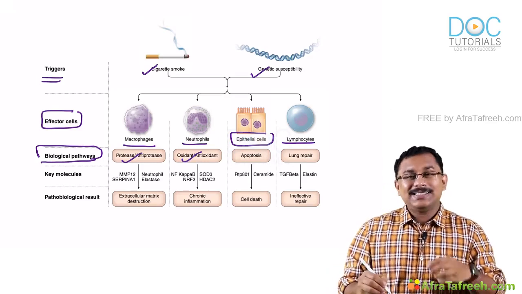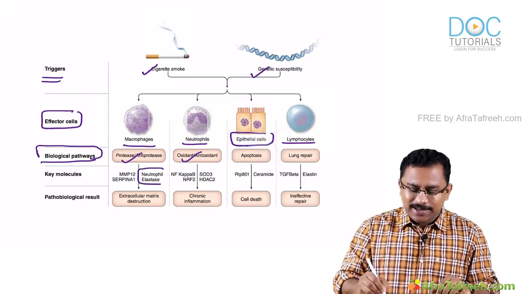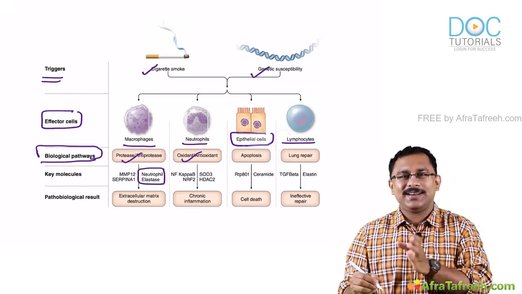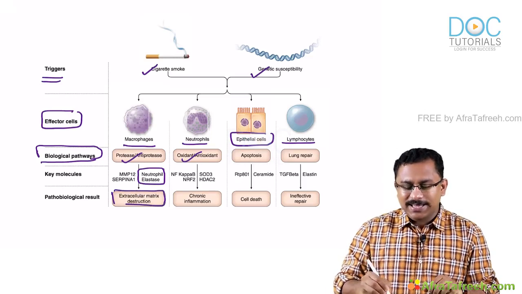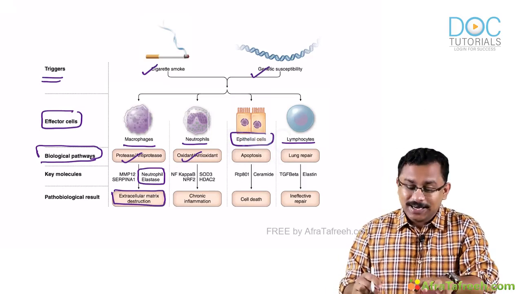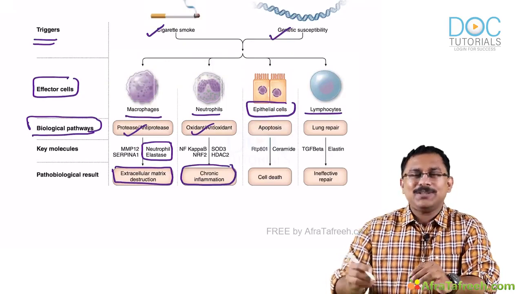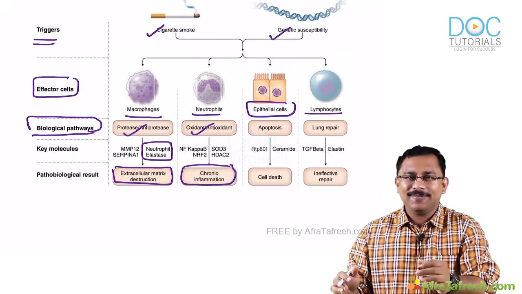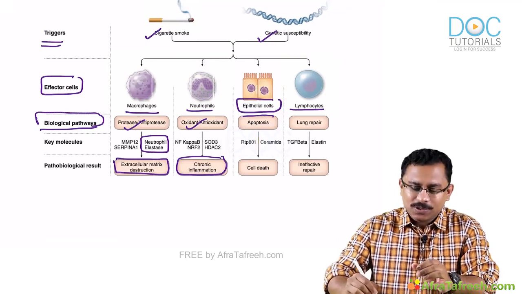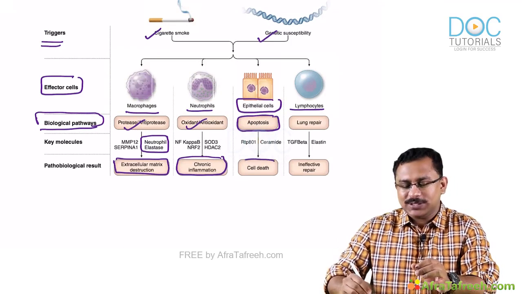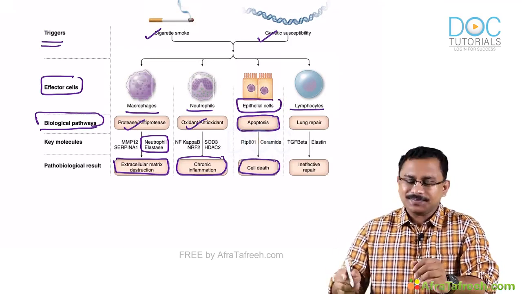Because the balance is disturbed, you see there are enzymes like elastase which are released and which will cause the destruction of the extracellular matrix. And the oxidant damage also results in a chronic inflammation. The epithelial cells also undergo apoptosis, so there may be cell death.